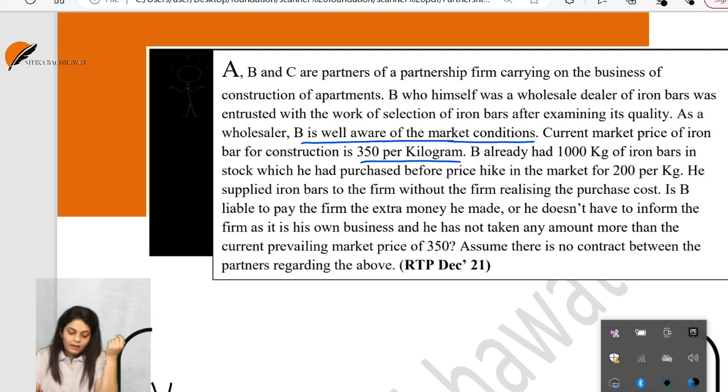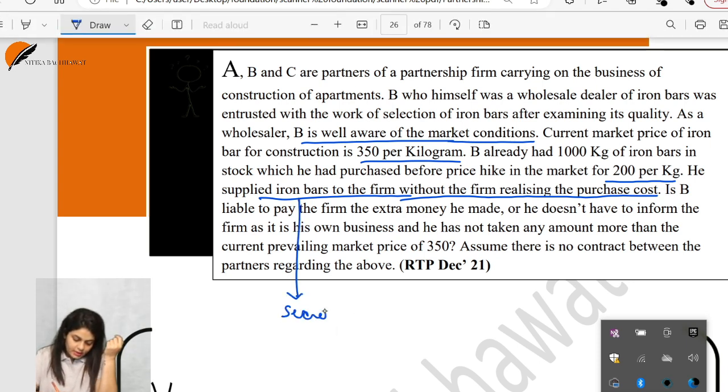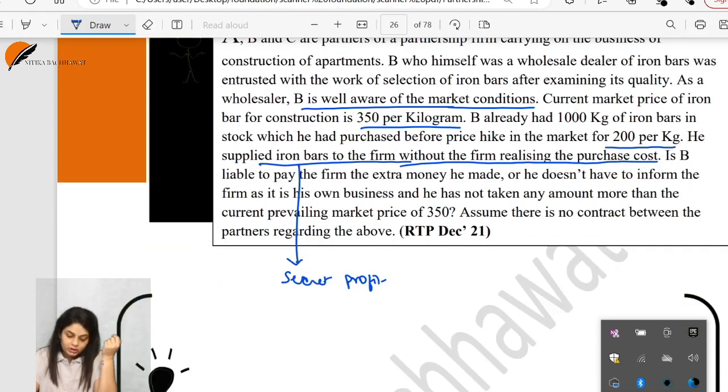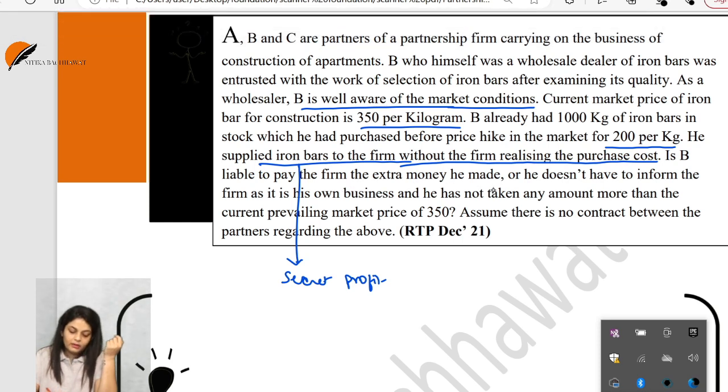B already had 1000 kgs of iron bars in stock which he had purchased before the price hike for 200 per kg. He supplied iron bars to the firm without the firm realizing the purchase cost. That means, can we say he is earning what? He is earning secret profits from the firm. Correct or not? Is B liable to pay the firm the extra money he made?